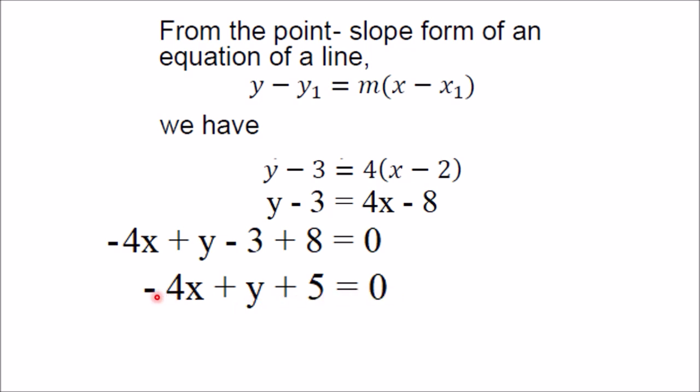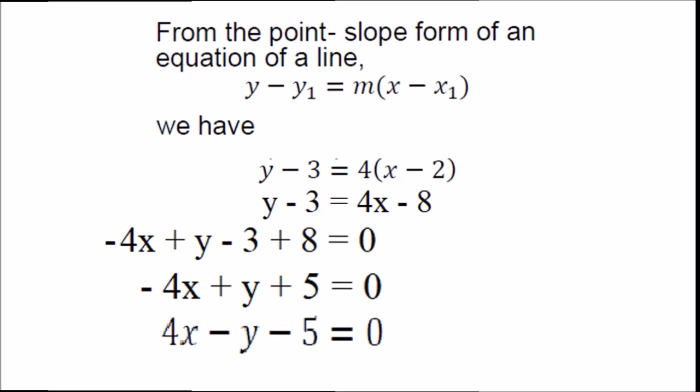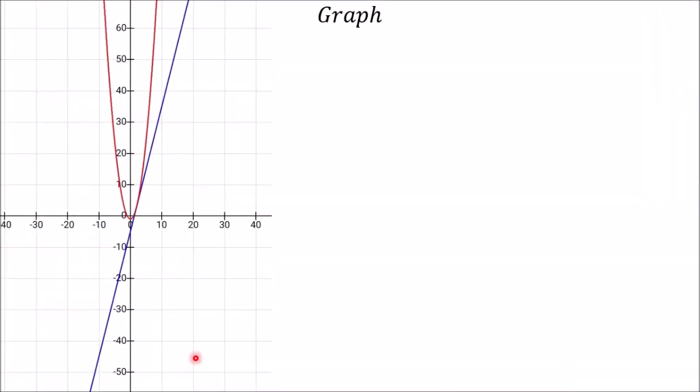Since negative yung ating first term dito, to make it standard, dapat kasi positive yan. So, we will just multiply all of the terms by negative 1 para ma-reverse yung kanilang mga signs. So, magiging 4x minus y minus 5 equals 0. So, to show the graph, ito na yung graph ng dalawa.